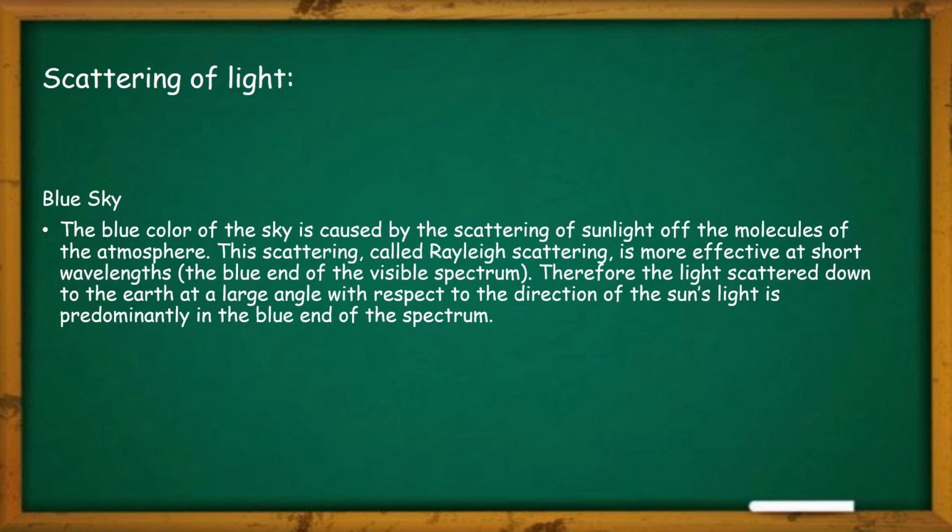Means mostly the blue color of light coming from the sun is scattered by the particles suspended in our atmosphere. So this light is visible to us, not the real color light. That is why the sky appears blue in color due to the scattering of light.